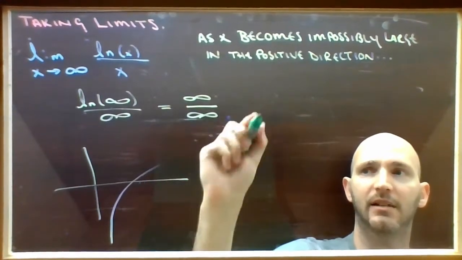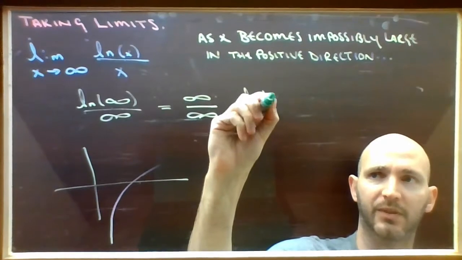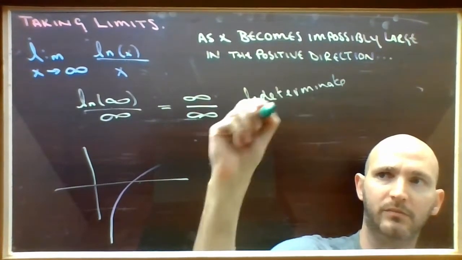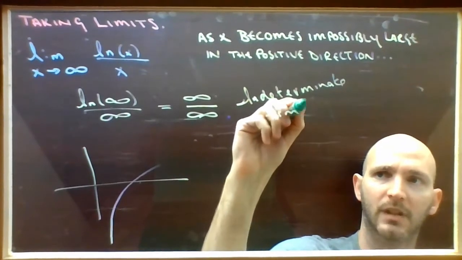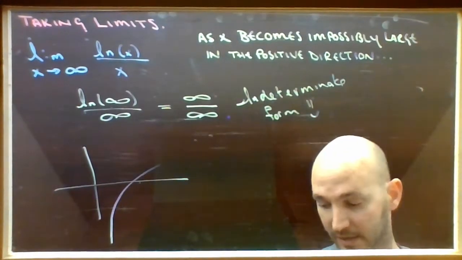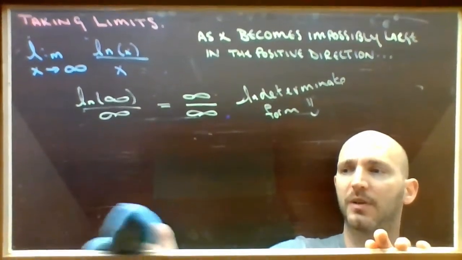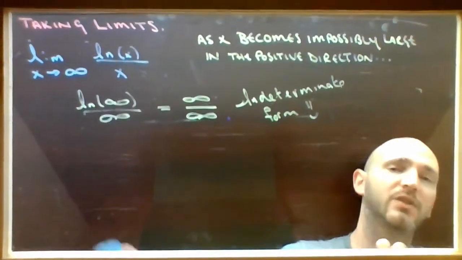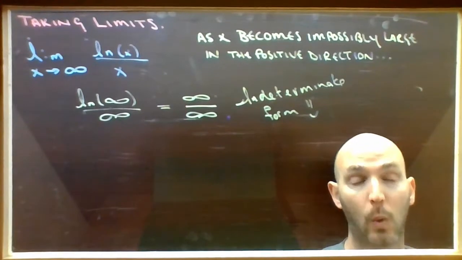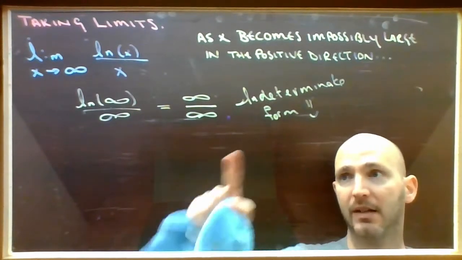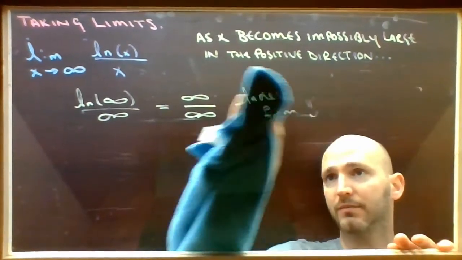That thing there is one of our indeterminate forms. Smiley face, because everyone loves an indeterminate form. So if it's an indeterminate form, then you have to turn to factoring or the approach method. So I'm going to get rid of this because it didn't work.